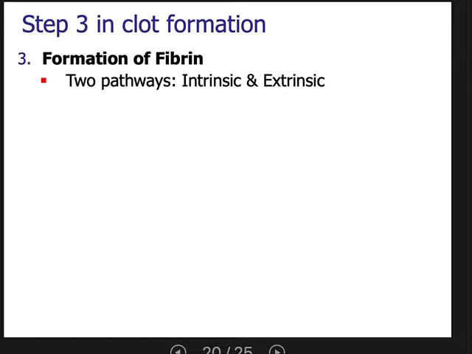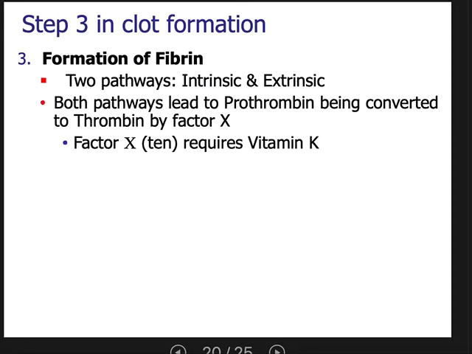Okay, but either way, in both of these pathways, prothrombin will be converted to thrombin by factor X. So this is what we call the common pathway, where intrinsic and extrinsic start out differently.